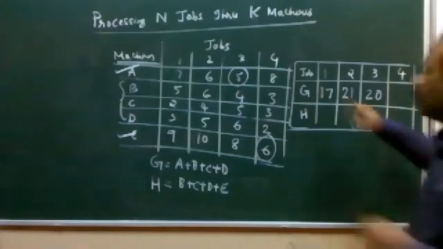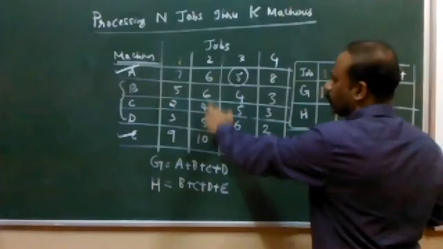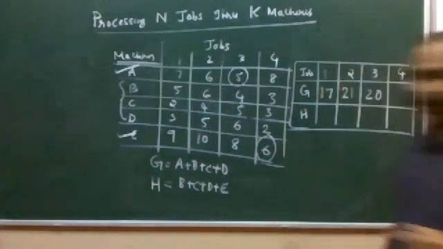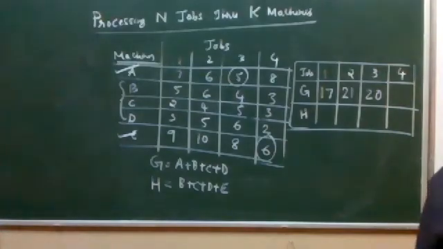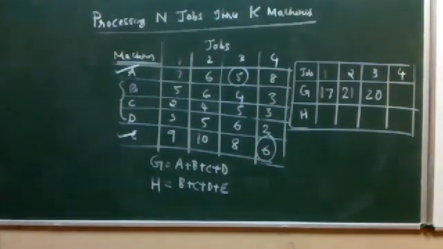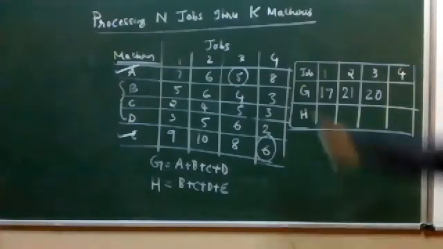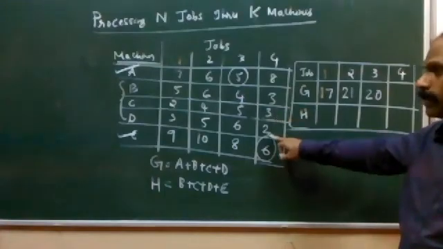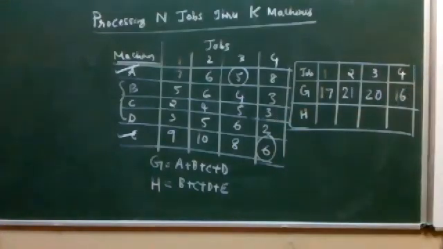No, 6 plus 4, 10. 10 plus 6, 16. 16 plus 5, 21. Correct? So it's 21 only. Okay, now can you please tell me the fourth value? 8 plus 3, 11. 11 plus 3, 14. 14 plus 2 is 16. So 16.